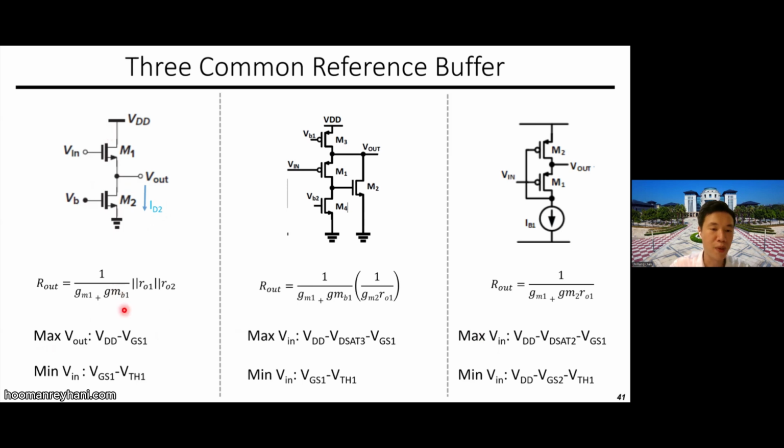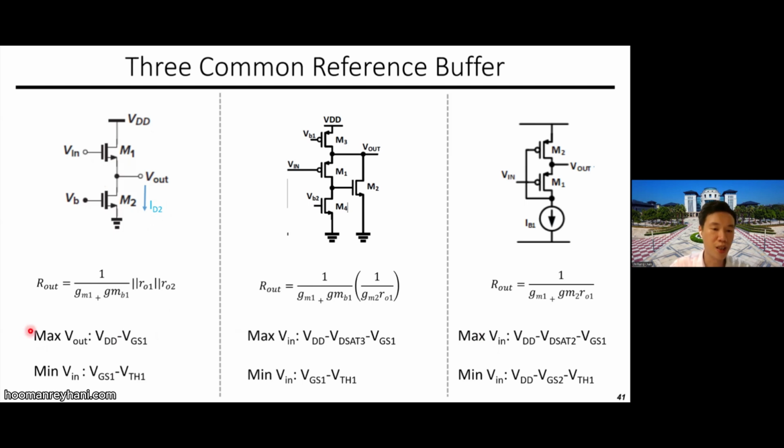Their maximum output voltage is VDD minus the Vgs1. As long as this can saturate, this is good to have this maximum output voltage. And the input voltage just needs to keep this device saturated with this Vgs minus Vth overdrive voltage over here.